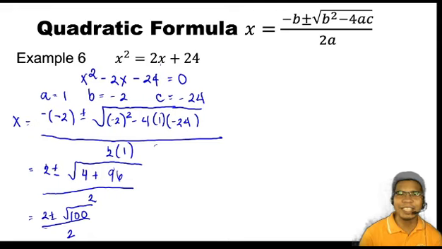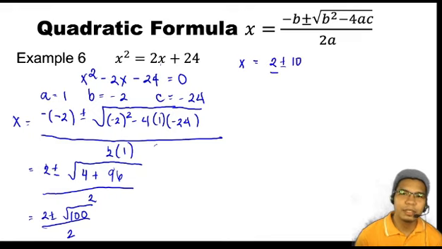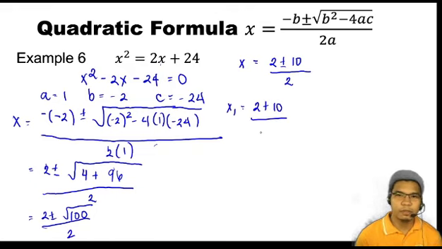Sorry for that. We simplify again. We have 2 plus and minus the square root of 100 is 10 over 2. So get now x sub 1. We have 2 plus 10 over 2. And for x sub 2, we have 2 minus 10 over 2.